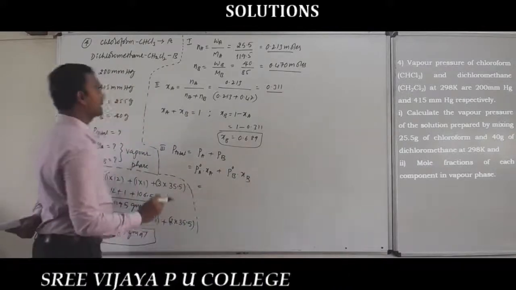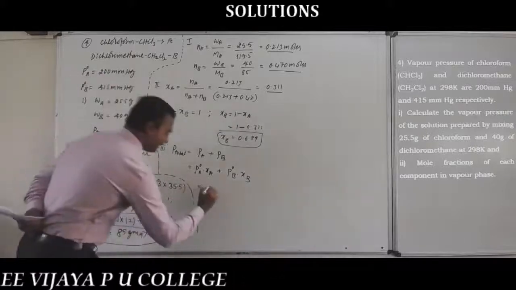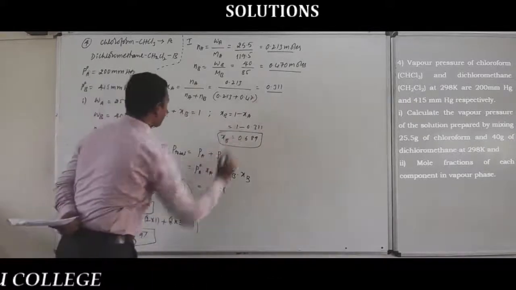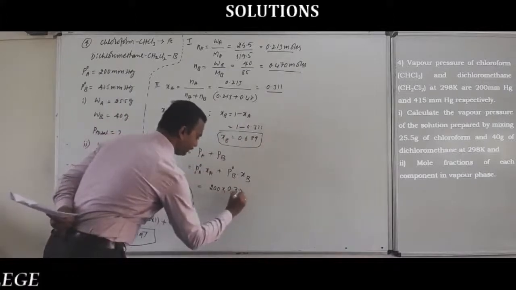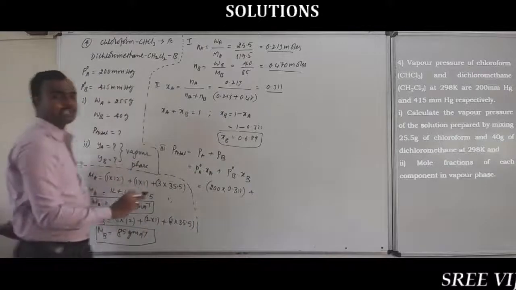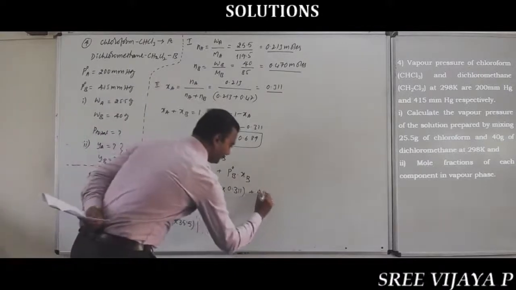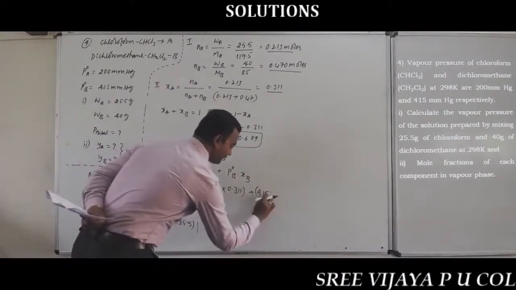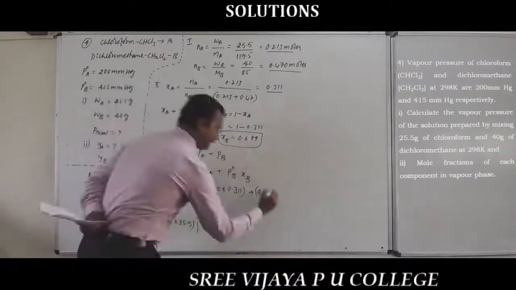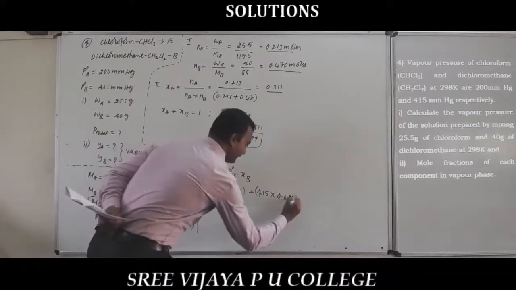What is the value of P naught A? That is 200 mm mercury into XA, which is 0.311, plus, what is the value of P naught B? P naught B is given, that is 415 mm mercury into XB, which is 0.689.